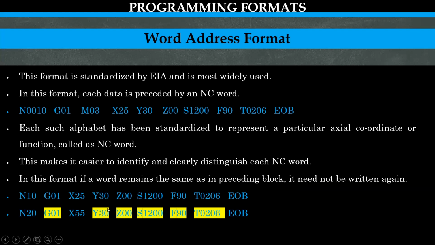Whichever word changes, only that has to be written in the next block. So this N20 block would actually be written as N20 X55, that is the change, and obviously end of block. There is no need to write G01, Y30, Z00, S1200, F90, T0206, which is similar to the N10 block.